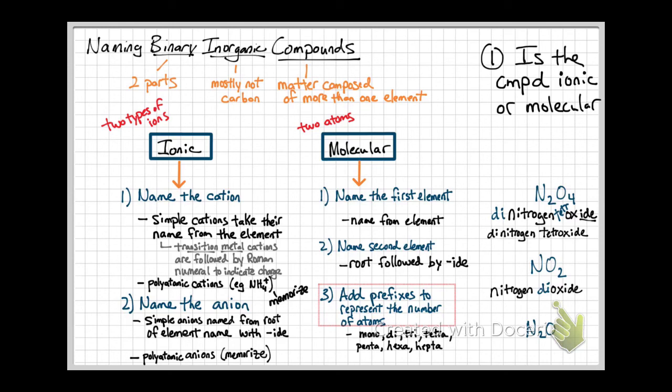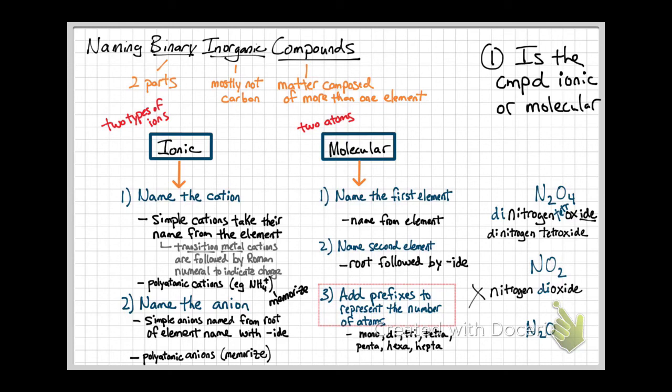We have 2 oxygens, so it's dioxide, but we have 1 nitrogen. However, whenever your compound starts with 1 atom of an element, we leave off the mono. So instead, we just assume that it's just 1 when it's the first element. Okay, so nitrogen dioxide rather than mononitrogen dioxide. We just leave off the mono.